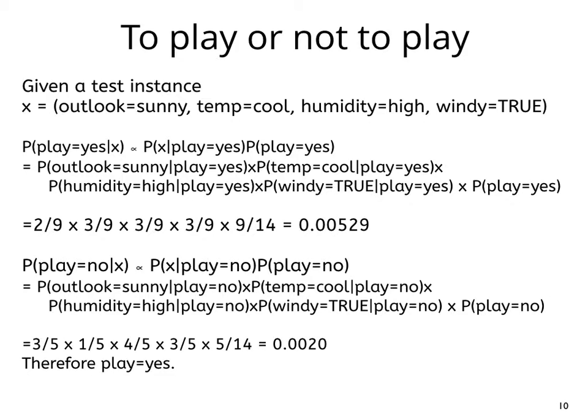You can similarly compute the other probabilities and you will get the value 0.00529. We can do the same computation for the other outcome of the hypothesis, which is play equals no, and you will get the value 0.0020, which is smaller than the previous case, so we would predict that play will be yes. Note, however, that the two scores do not add up to 1.